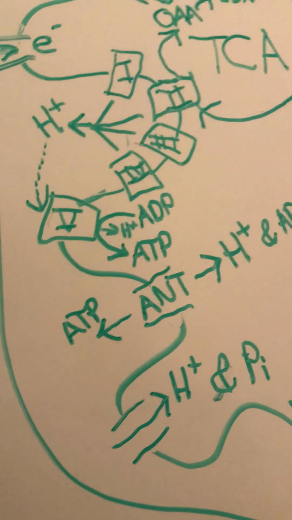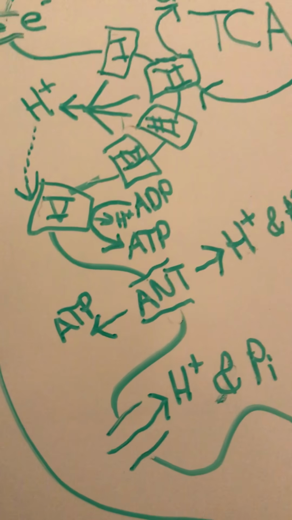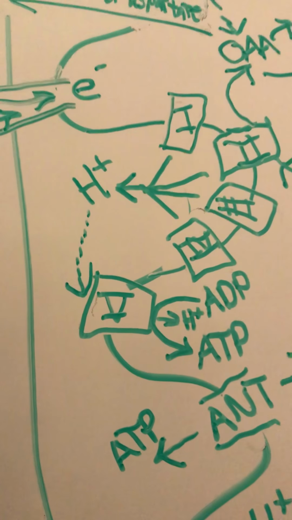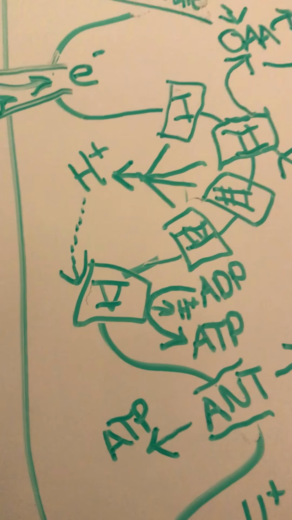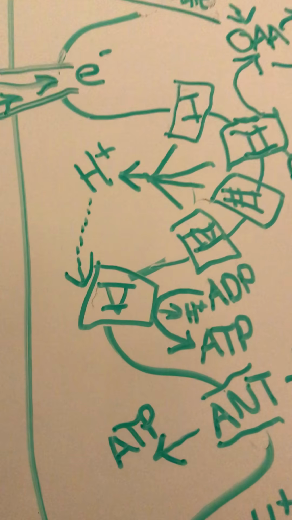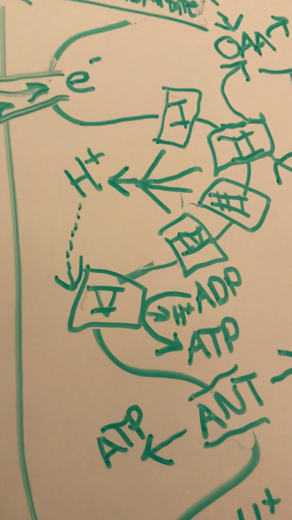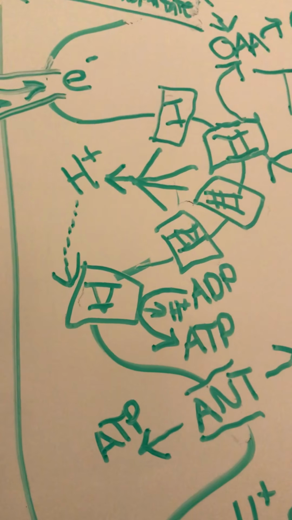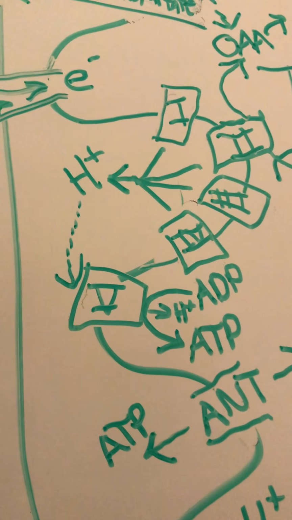Now, it's important that too many hydrogens don't get pumped into the inner membrane space. If too many hydrogens get pumped in, something called static head occurs, there is no more electron flow, and respiration comes to a stop.